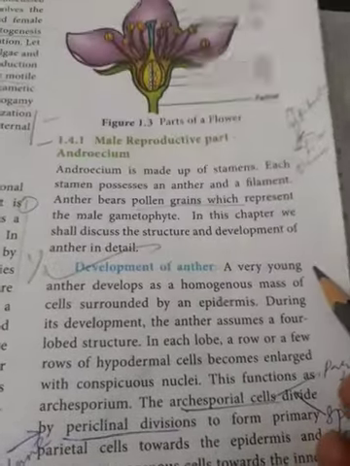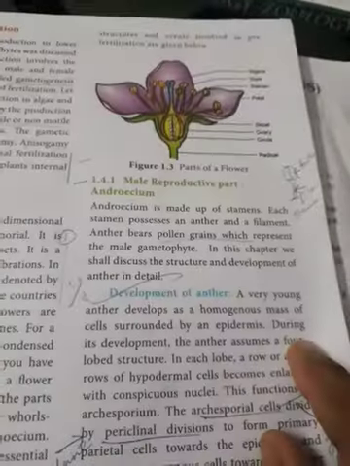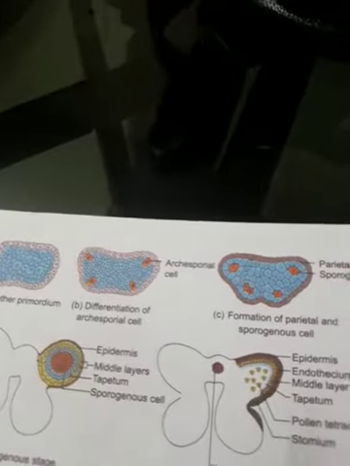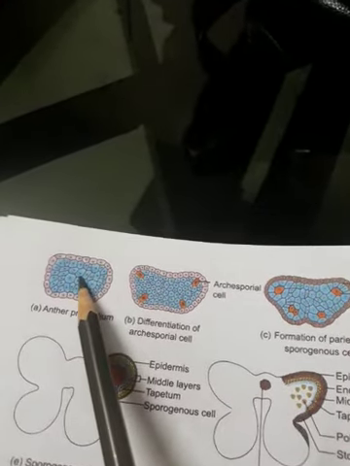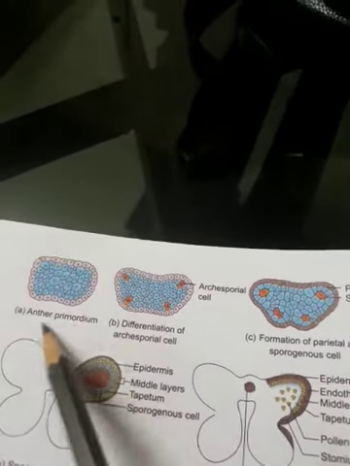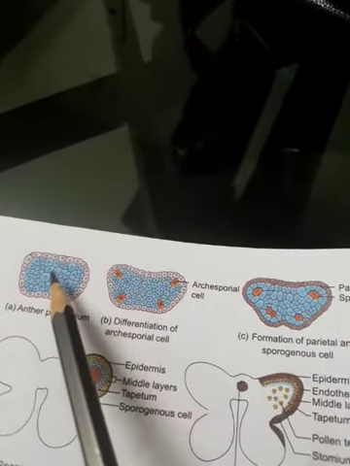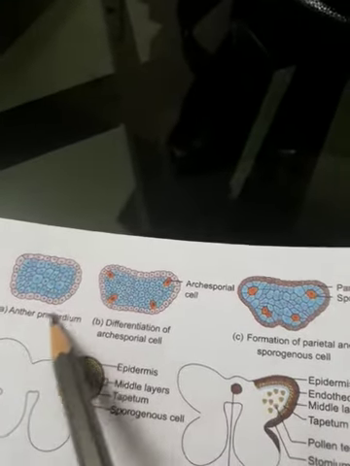A very young anther develops as a homogeneous mass of tissue surrounded by the epidermis. So with the diagram we will be discussing. Here the stepwise diagram has been given that we are going to discuss. In the initial stage, when the anther development is taking place, it appears like a four-lobe structure, made up of homogeneous tissue surrounded by the epidermis.